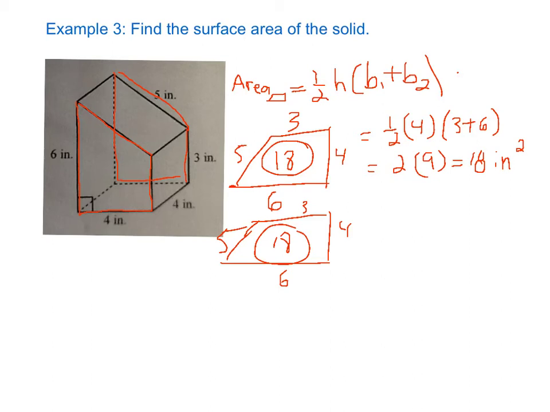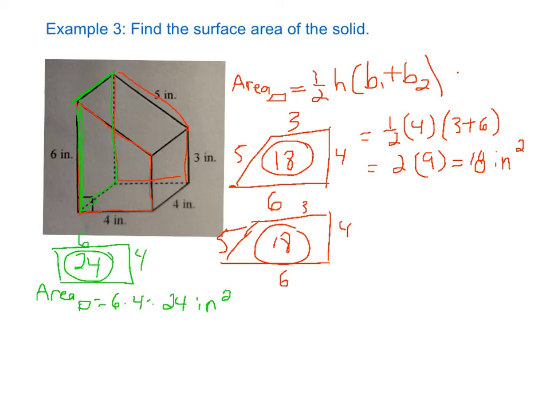We have the area of this rectangular face, lateral face over there, so we got the area of the green rectangle, which is going to be 6 times 4, which gives us 24 inches squared. So we've got 6 by 4, and we've got 24 as one of them.